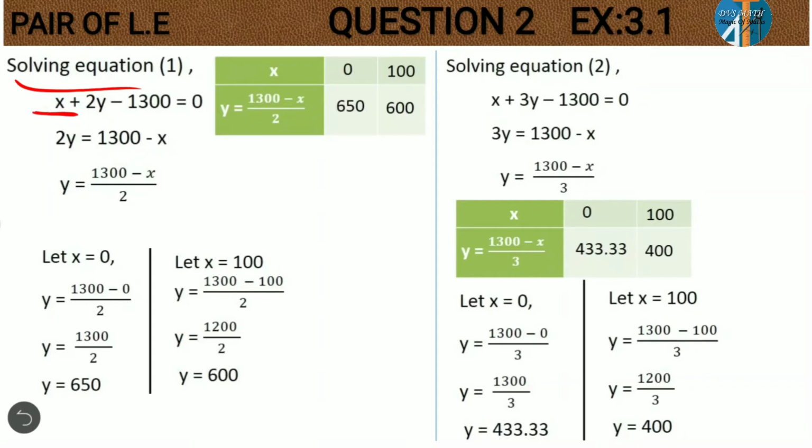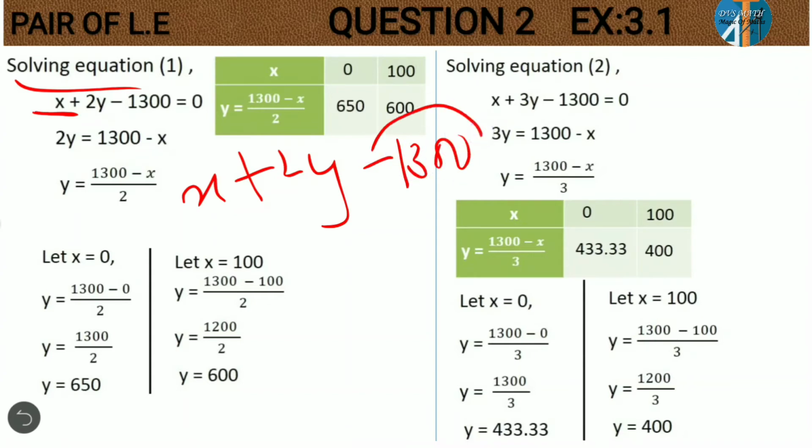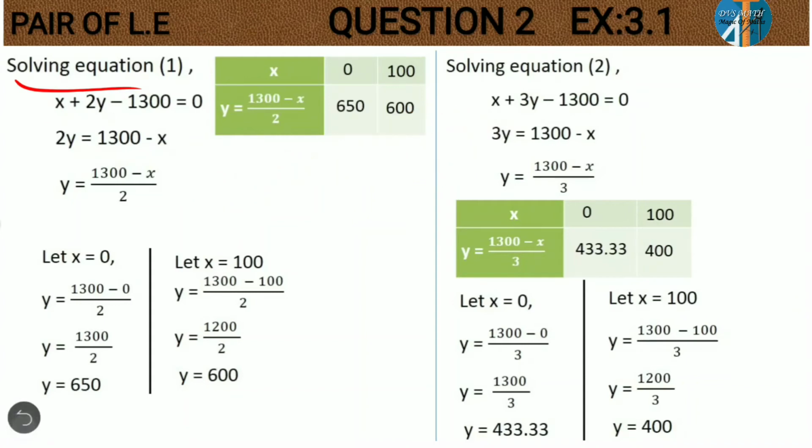So 2y is equal to 1300 minus x. We have to find only y, so divide by 2. Now let us give values for x.